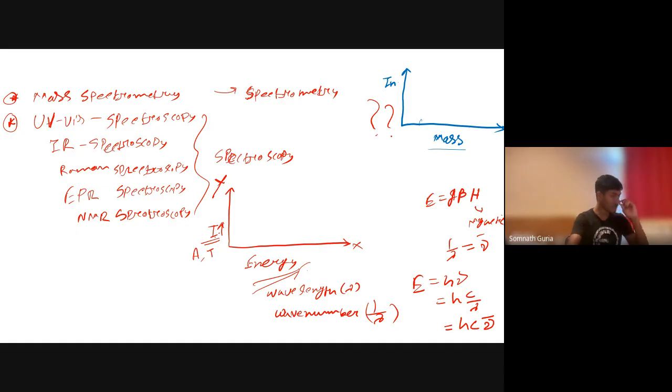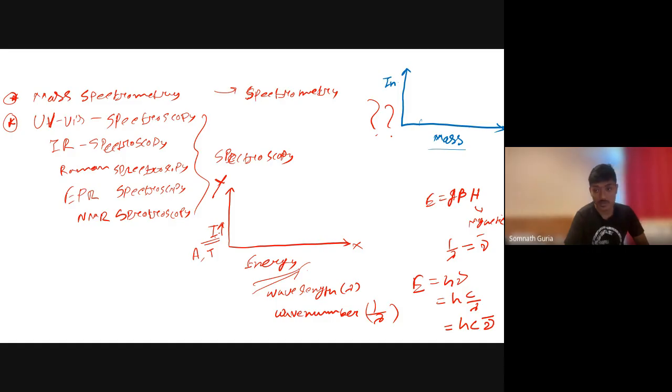Okay. Now the question is, coming to Mossbauer spectroscopy. Mossbauer is a defined spectroscopy where we are actually changing a nuclear state. In UV-Vis, we are changing the electronic state.